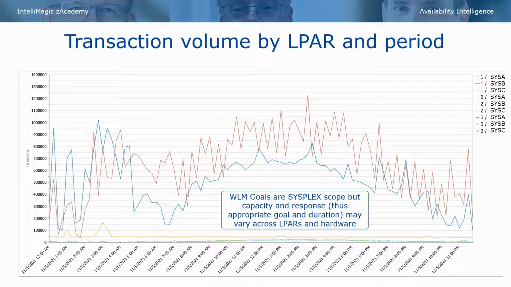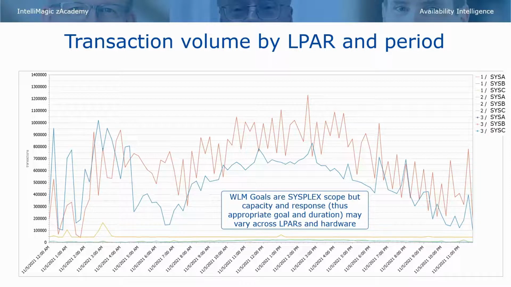We can see from this breakdown that there are 3 LPARs hosting these particular transactions, which may very well be on different machines. You can see each of the 3 periods for each of the 3 systems, that there is some work running on all 3 LPARs and in all 3 periods, but the distribution is certainly not even.